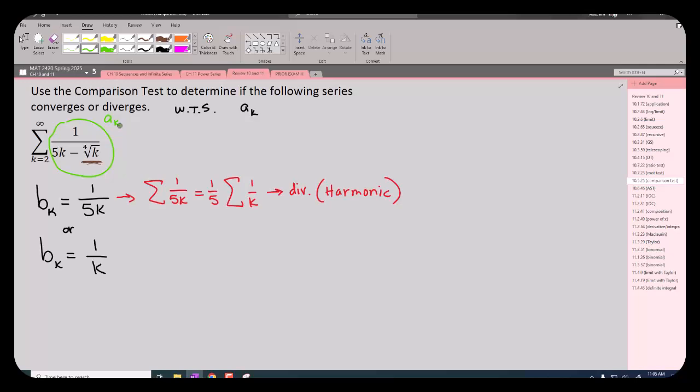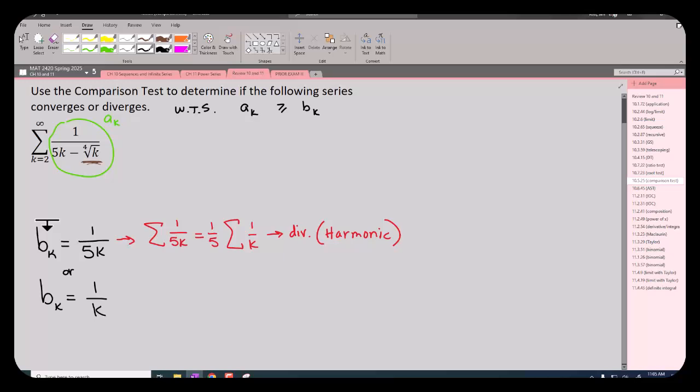So if our b sub k is a divergent series, we're trying to show that the a sub k is even bigger because then it would also diverge. Bigger than diverging must diverge. That's what we would want to show. So, I don't even see where, oh, there's the insert space over here. Can I just move that down? All right, that worked. So a sub k, we're going to put a sub k exactly as it's given to us.